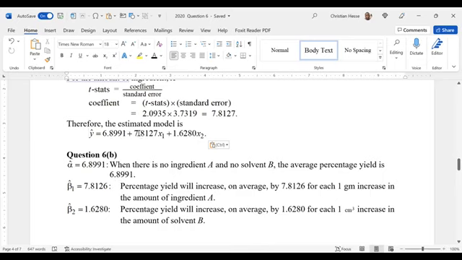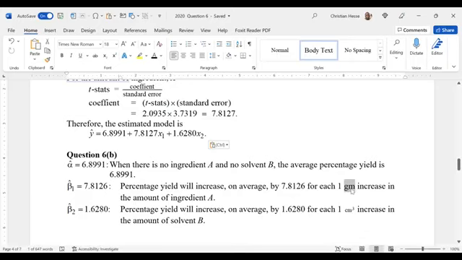And what about beta 1? What's the interpretation? It means the percentage yield will increase on the average by 7.8126 for each one what? What's the unit of ingredient A?